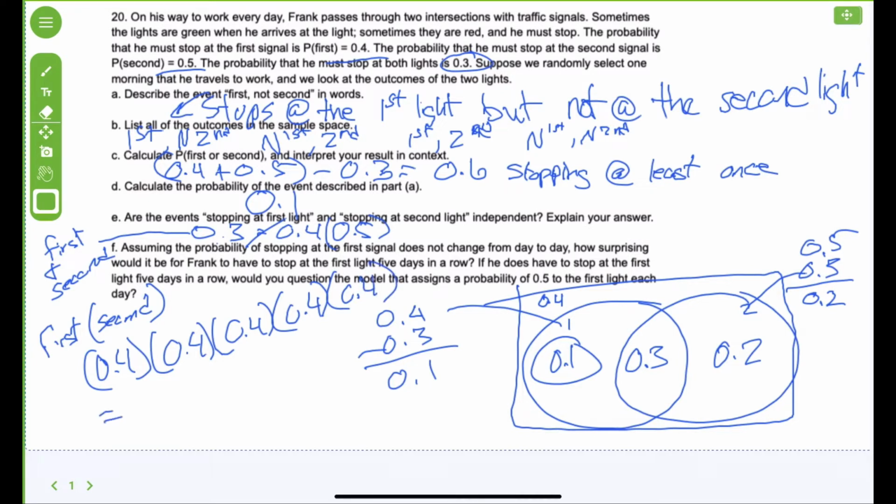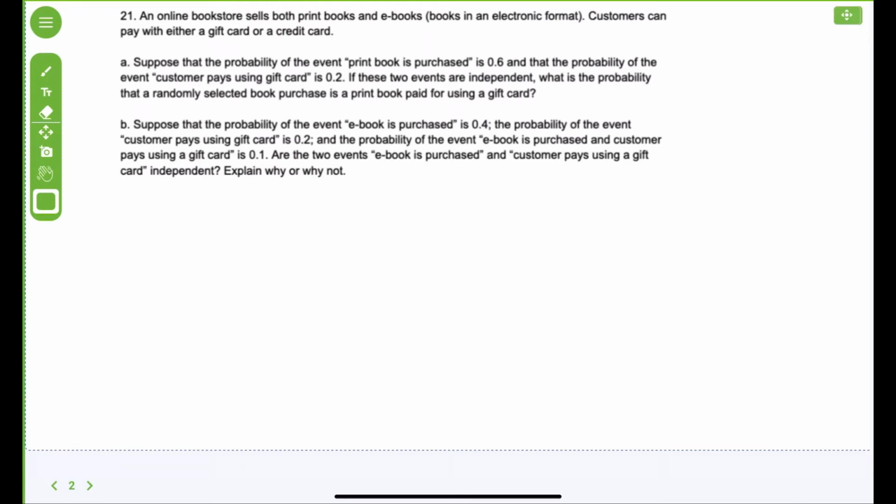And if we do that, that equals about 0.0102. So that's only about 1%. Okay, so this is a very small possibility, and it would be very surprising. Okay, you need to know all of that for your test, I'm sure.